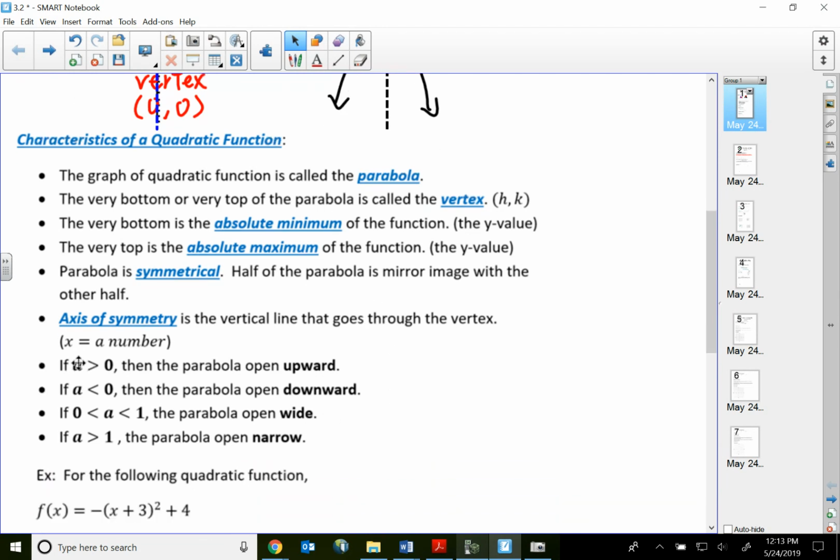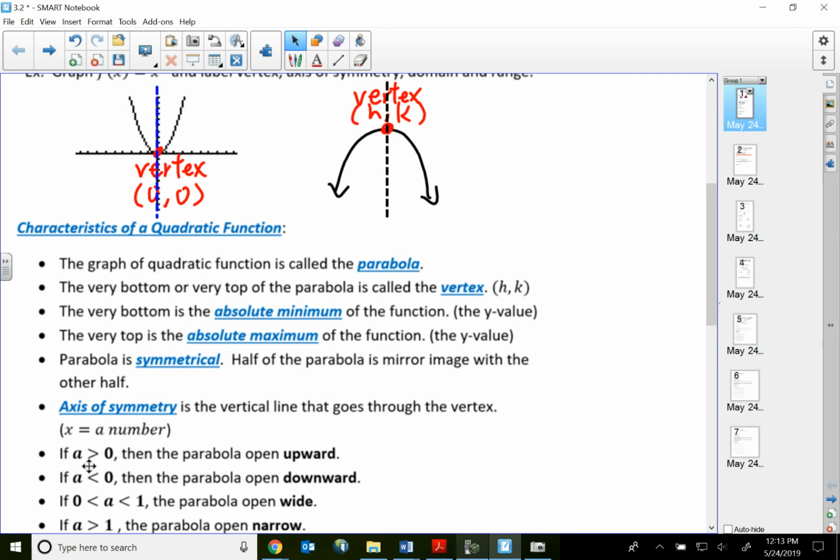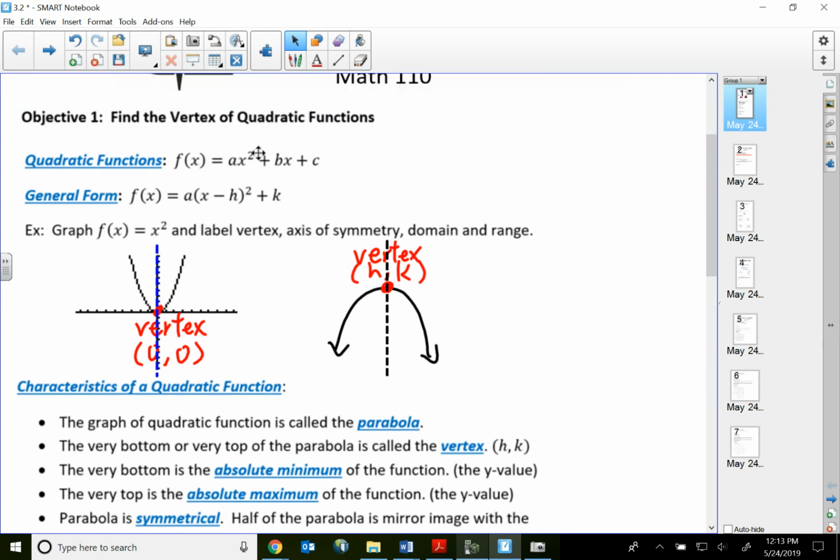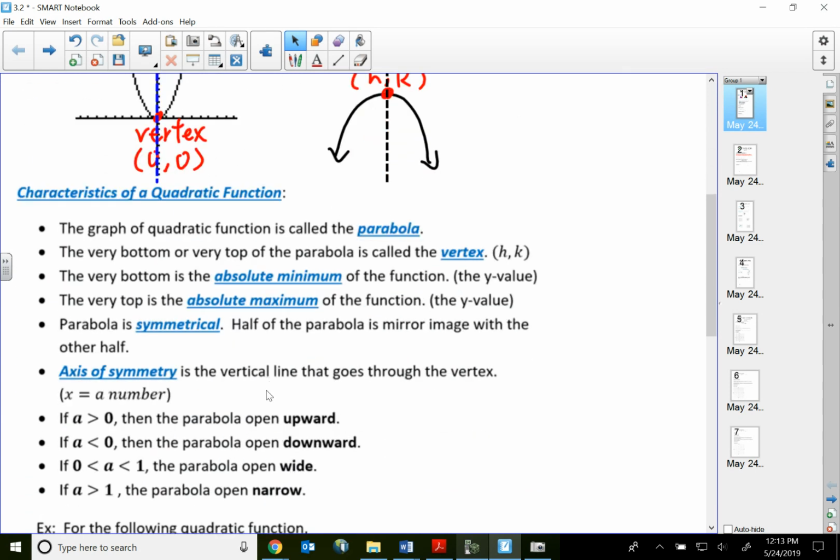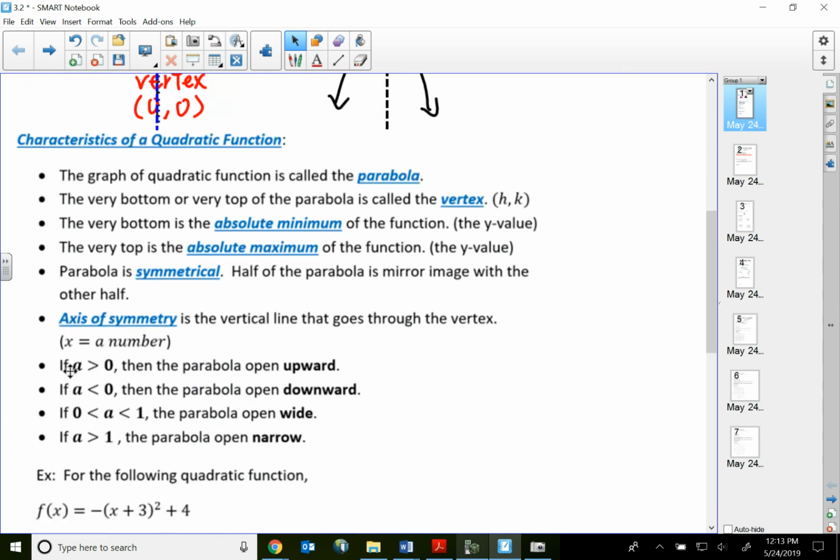Let's look at this letter a. Where is this letter a located? It is located in front of your x squared term. If a is bigger than 0, meaning positive, if my leading coefficient is positive, my parabola opens upward.